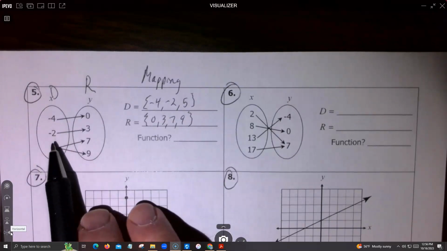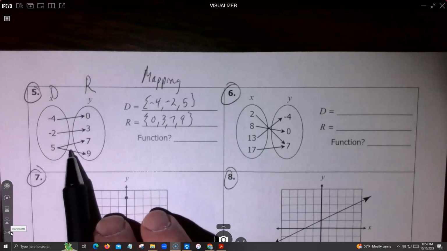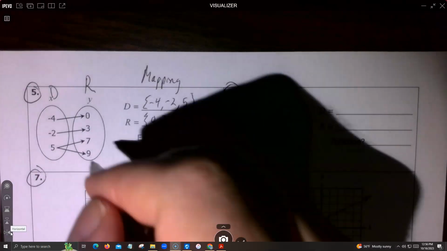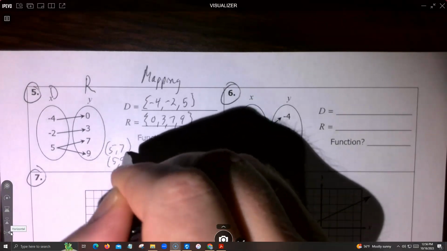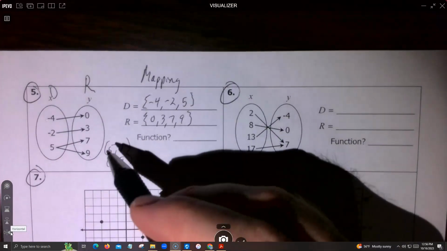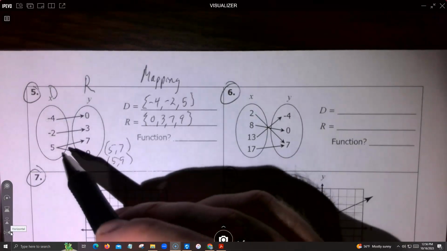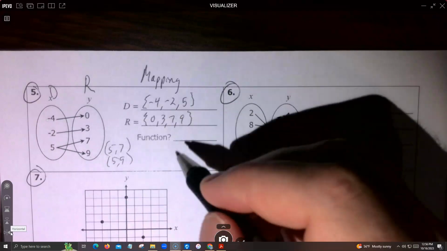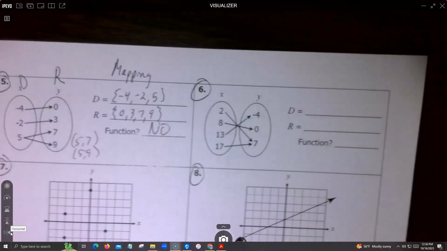Here, notice 5 is being sent to 7 and 9. So this is equivalent to (5, 7) and (5, 9), which is one value in the domain being assigned to two different values in the range, which is not allowed. We're only supposed to do one. So this is a no.